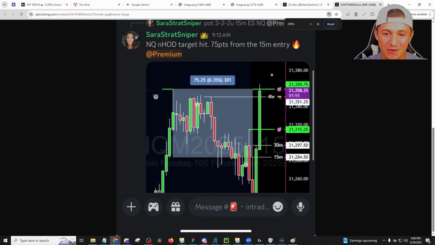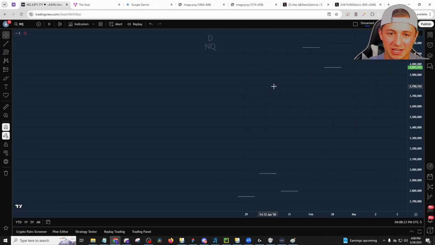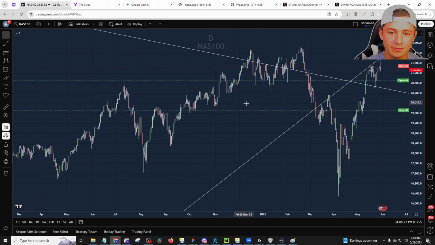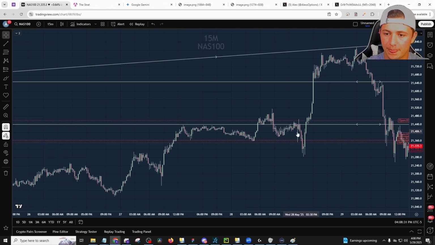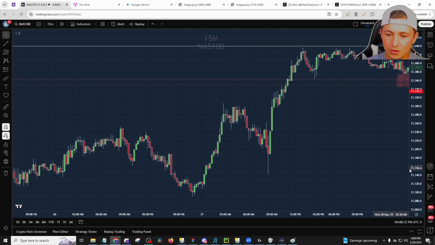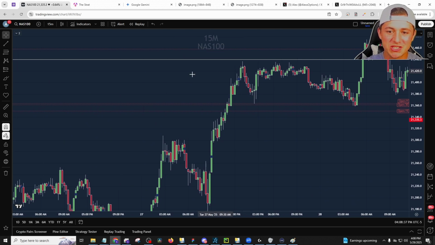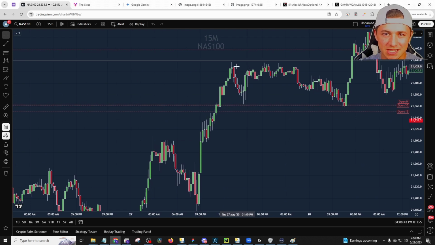And then it kept going, right? Not only did it do that, but when you have that amount of evidence, if we go back to the 15-minute and look, what you're going to see is when that occurred, not only did it hit the highs, but it kept going because the whole market was going up. Now, the biggest thing you have to understand then is how long does that evidence last for?